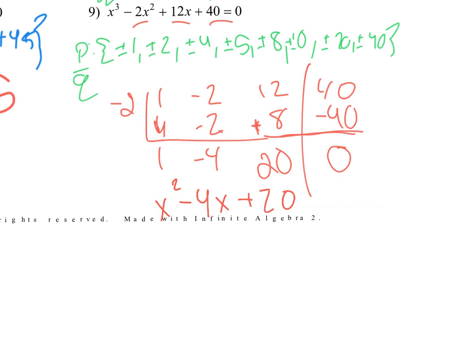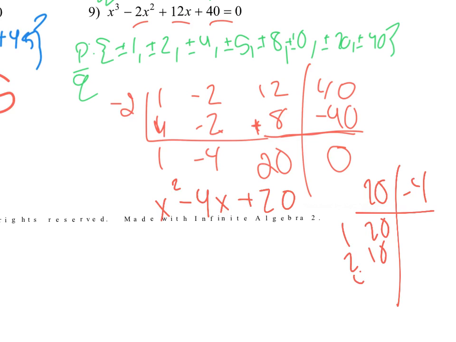Okay? So factors of 20 that add up to -4. So 1 and 20, 2 and 10, 4 and 5. There aren't any, right? I'm not going to get -4 out of any of those.